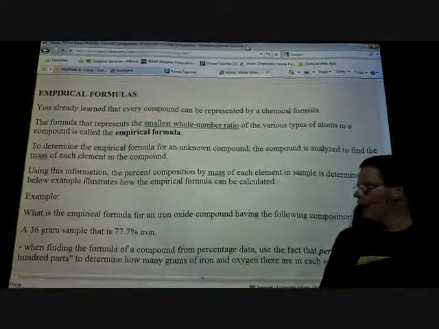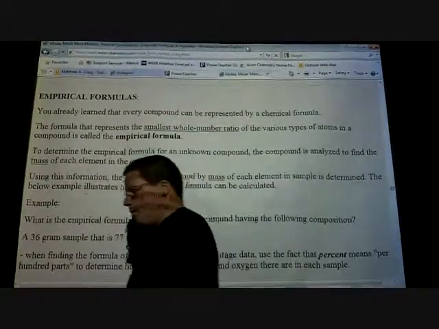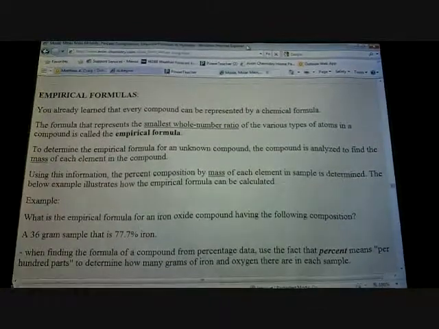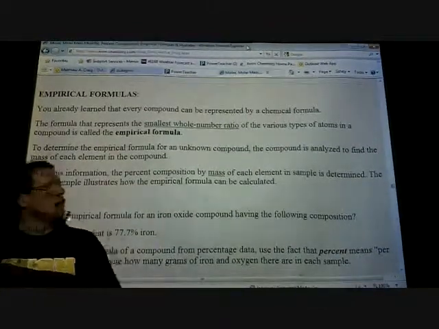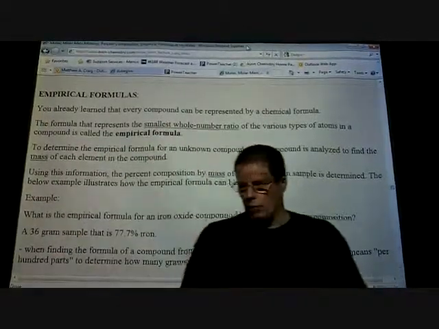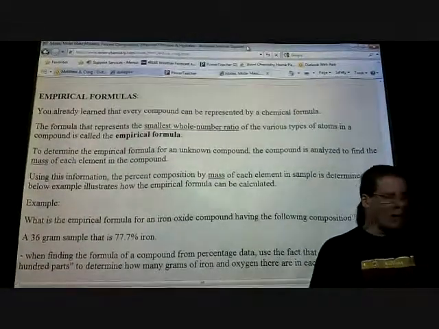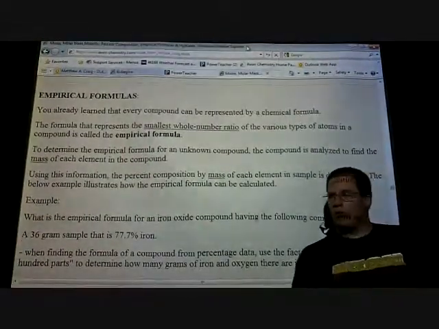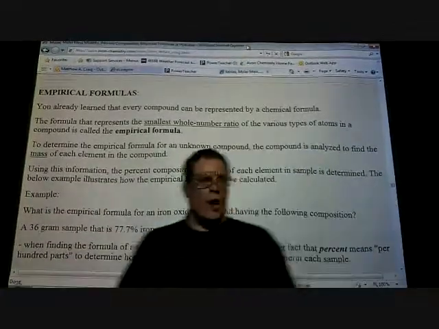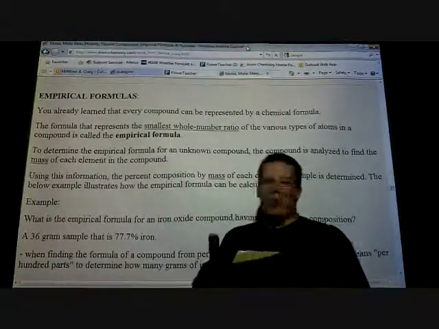compound. We talked about percent composition by mass the last time, and we can use that to help us determine the empirical formula. But when we look at the masses on the periodic table, if you look at the mass for hydrogen and compare it to carbon, those masses are not identical.